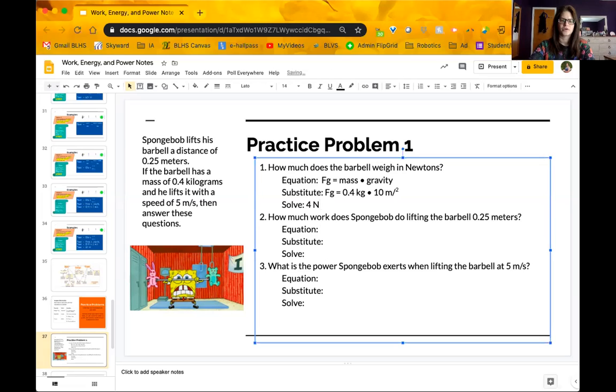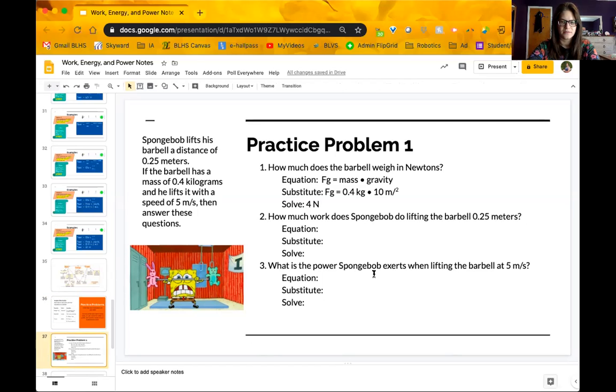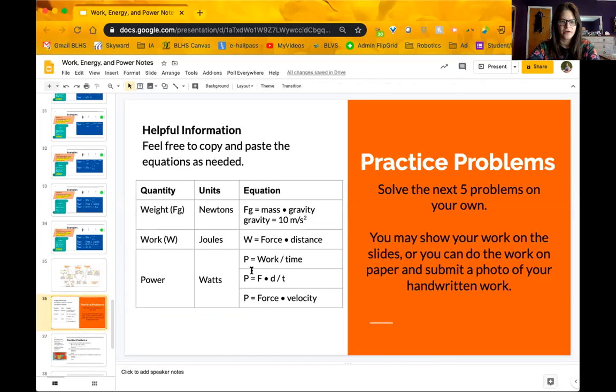So how much work does SpongeBob do lifting the barbell 0.25 meters? I will let you guys finish that, but if we're calculating work, then make sure that you use the equation for work, force times distance. And then the third question is going to be power. And so you'll use the equation for power.